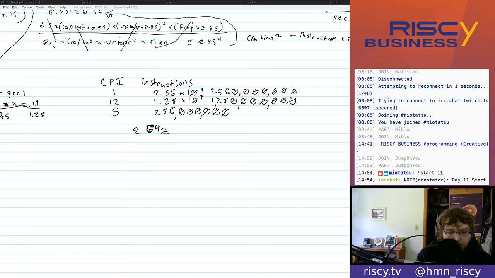Assume that as the program is parallelized to run over multiple cores, the number of arithmetic and load store instructions per processor is divided by 0.7 times p, where p is the number of processors. So the number of arithmetic and load store instructions is going to be divided by 0.7 times the number of processors, but the number of branch instructions per processor remains the same.